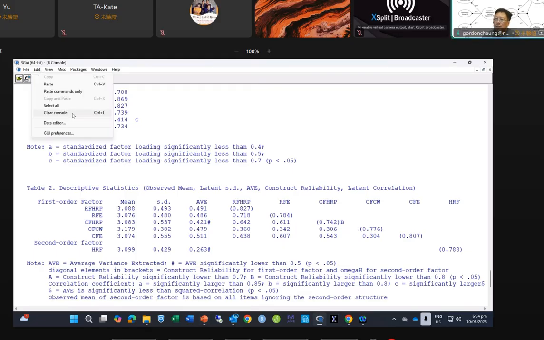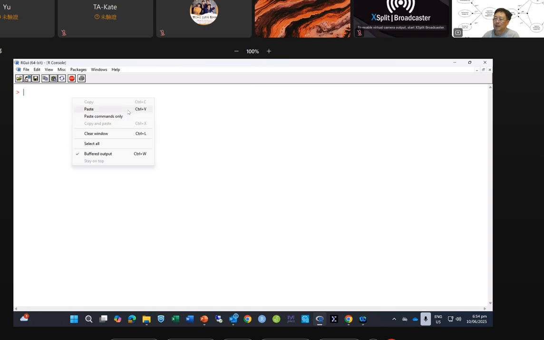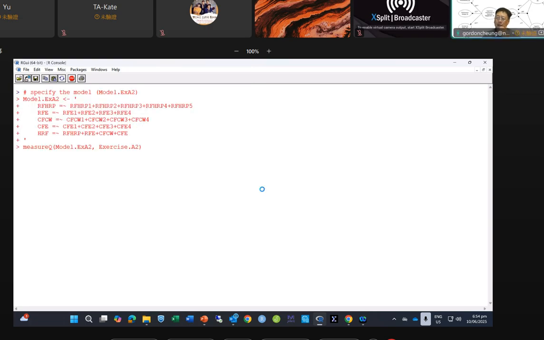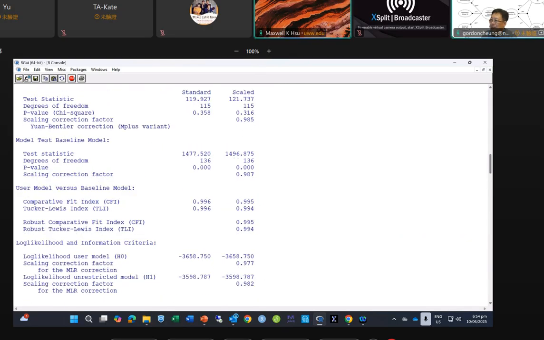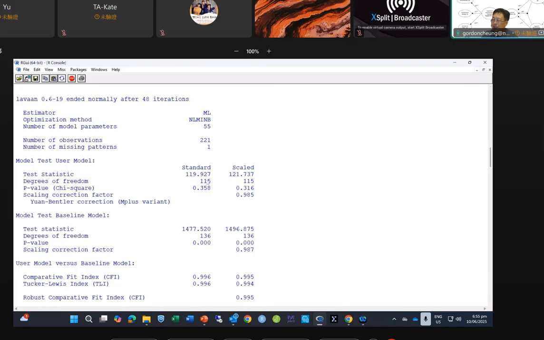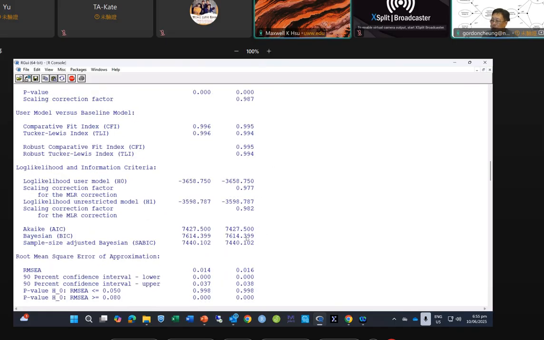If you have this question, I just run it again without CFHRP. It won't take you too long to find out the answer. I got the answer. Oh, still bad. First we need to look at the fit indices, which are good. So our model fits the data well.